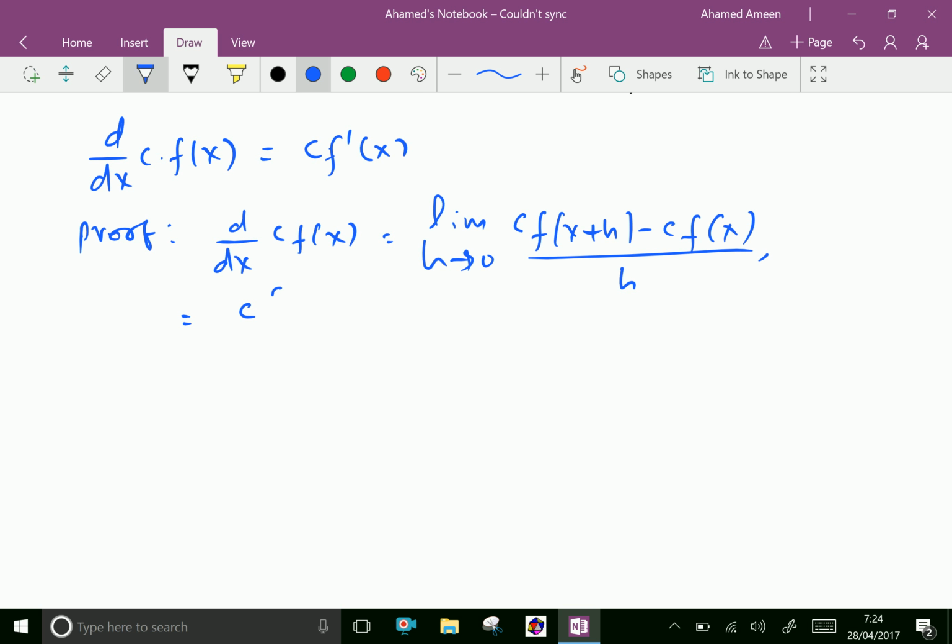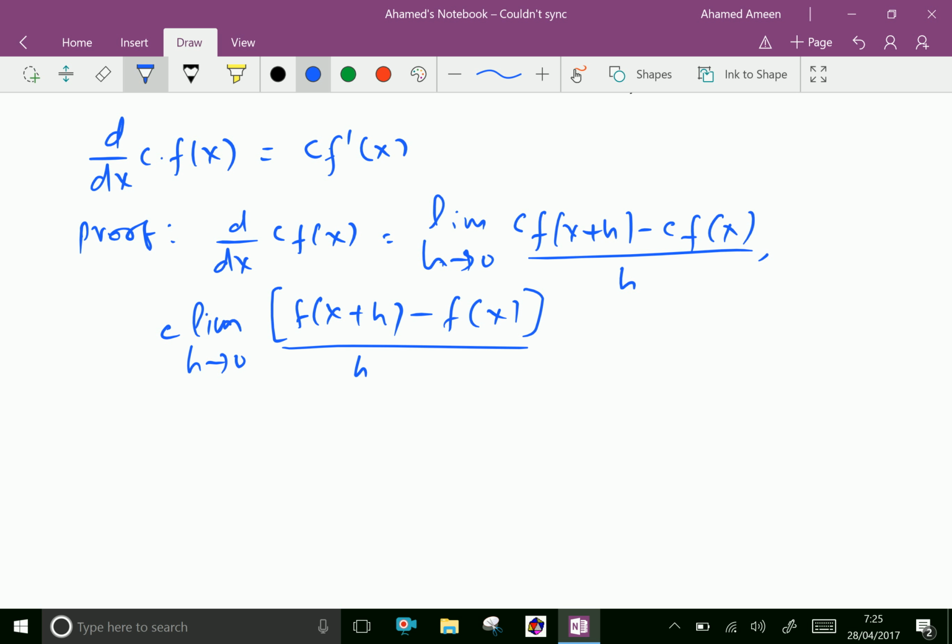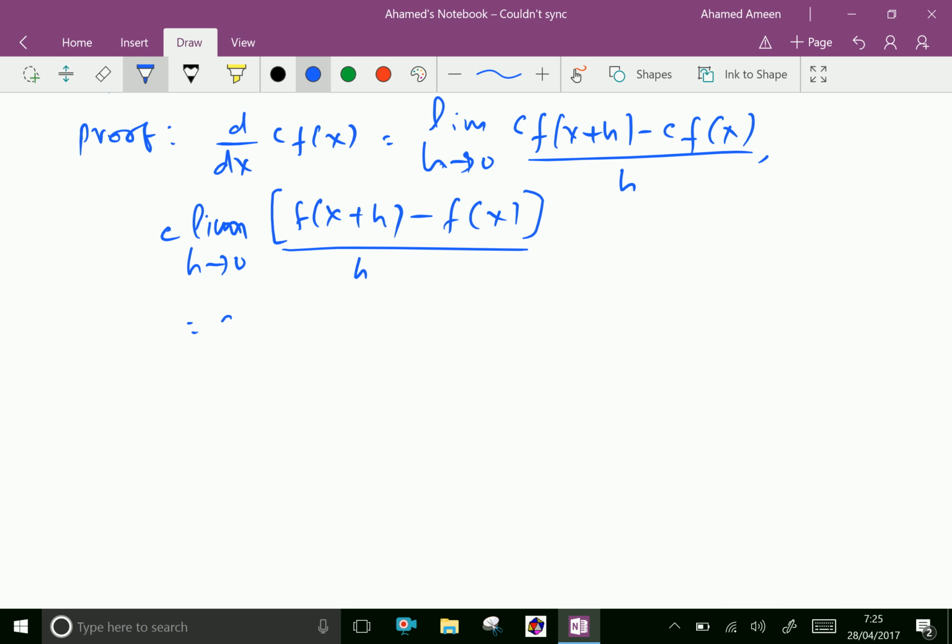c into, because c is not affected with the limit h, limit h tends to 0 of f of x plus h minus f of x over h, which is the definition of dy by dx, which is equal to c into dy by dx.